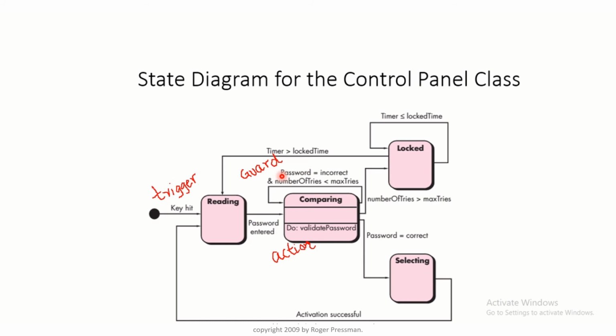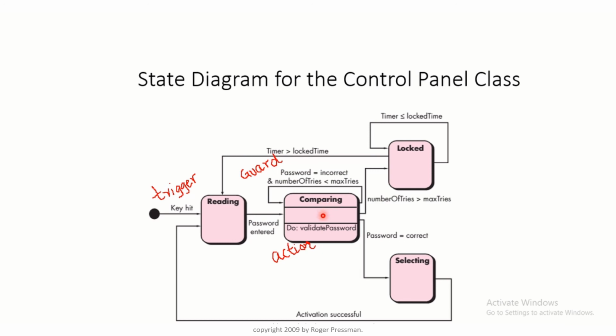In this case, the constraint or condition is known as a guard in the state diagram. Additionally, you can see the action that gives further insight into the state: in comparing, you perform the validate password operation, and this operation is known as an action, and you need to show it within the same block of the state.